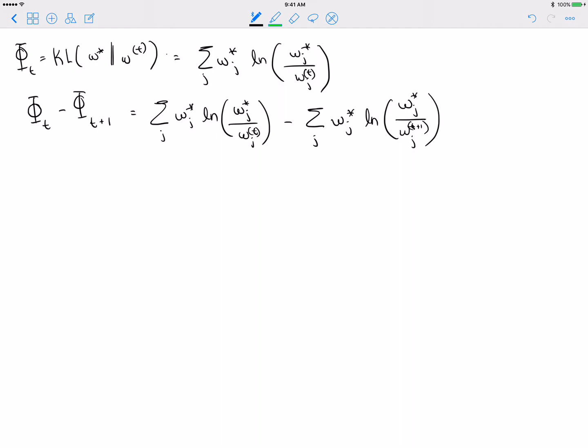In particular, this term is going to cancel out with that term. So what I'm left with when I do that simplification is the log of the ratio of W_j at t plus 1 to that of W_j at time t.